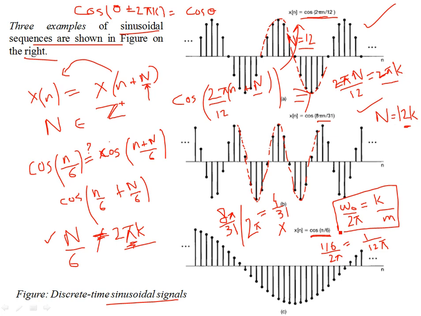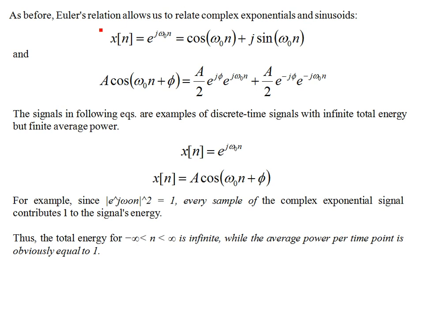All right. So as before, if your exponential sequence is purely imaginary, if beta is purely imaginary in this form, you can always expand this by Euler's relation, which allows us to relate complex exponentials with sinusoids. So you can bifurcate this into cosine and sine, and then write this in another form. The amplitudes again have a polar form like this.